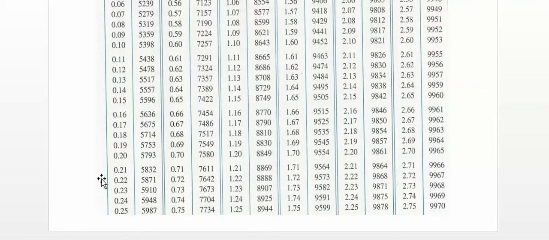0.2314 means that the two numbers that I'm interested in are 0.23 and 0.24.